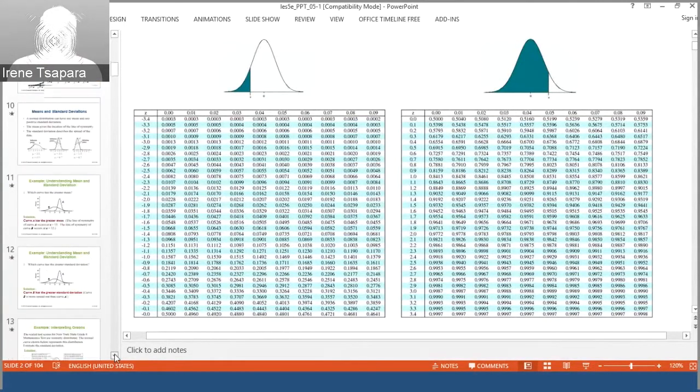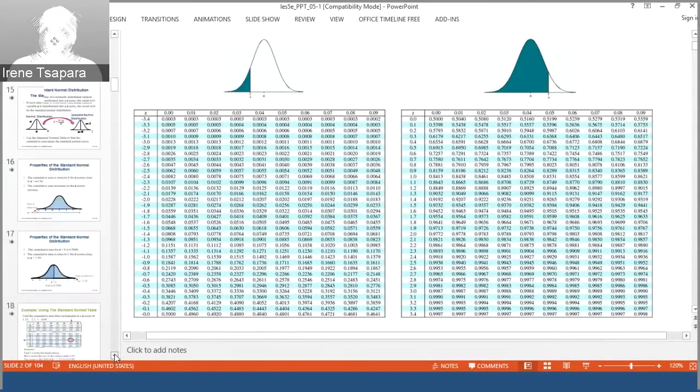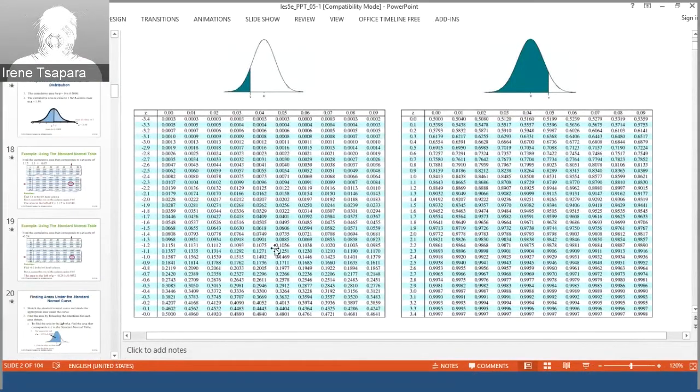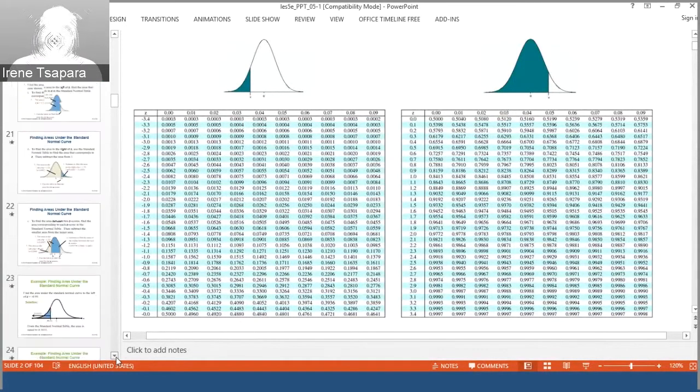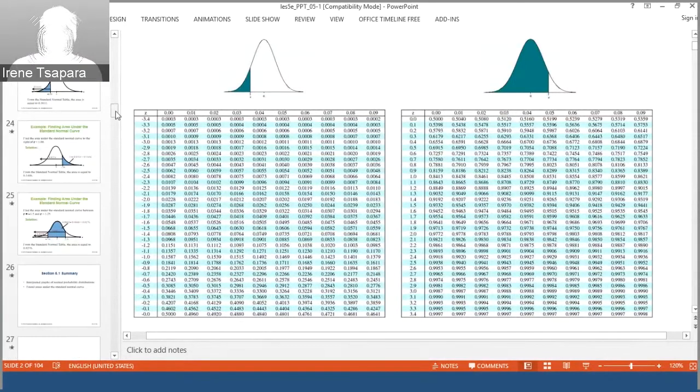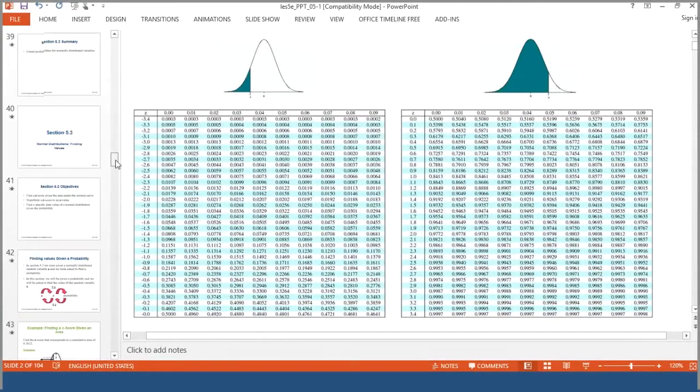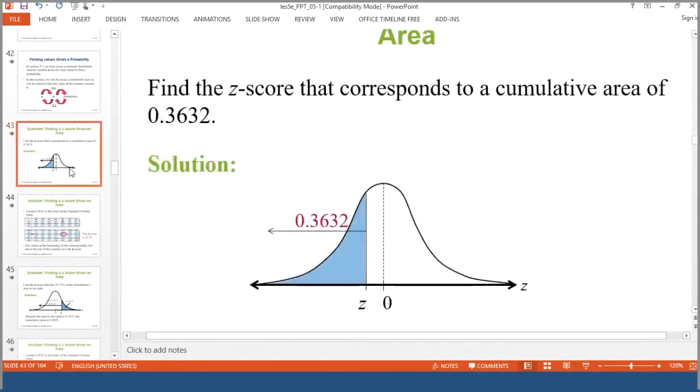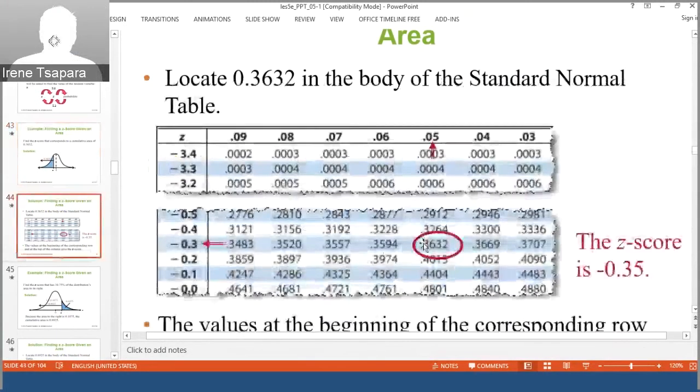So you look at your table, if you have the probability, you look at the middle of the table, you find the probability, and you find the corresponding z-score from the row, from the first column and the first row. So this is how we find it.